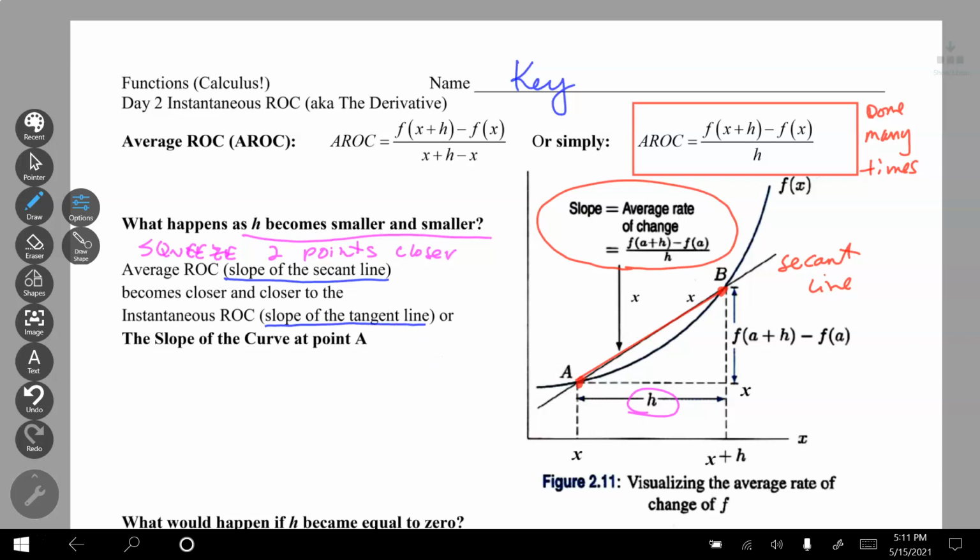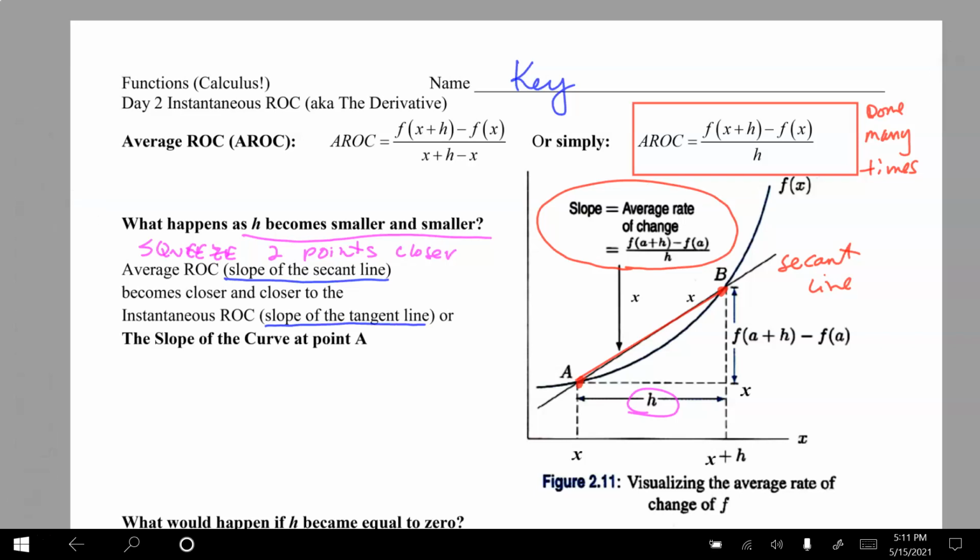And if you think about what you did in physics class, you drew some lines between points on a distance time curve, and the slope between those 2 points was your velocity. But once in a while you drew a tangent line, and that was your instantaneous velocity. It's pretty much related.